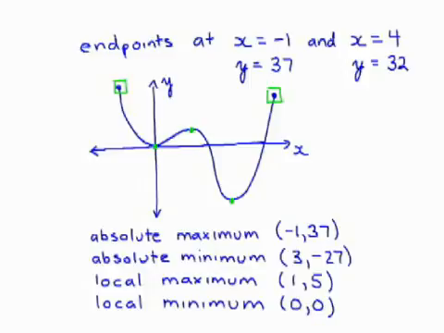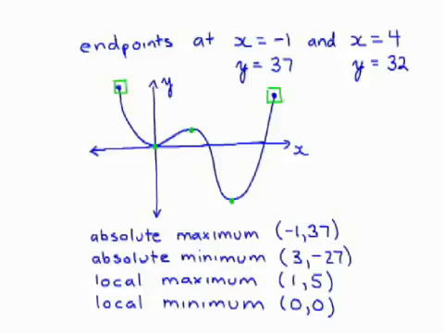But you'll find other textbooks that indicate that endpoints cannot be local minimums or maximums, that they can be absolute maximums or absolute minimums, but not local maximums or minimums. And that's the definition I tend to use, and you'll probably find that most of your professors at university use that definition. So it is a little area of confusion, and you'll have to decide what technique your professor at university wants you to use.